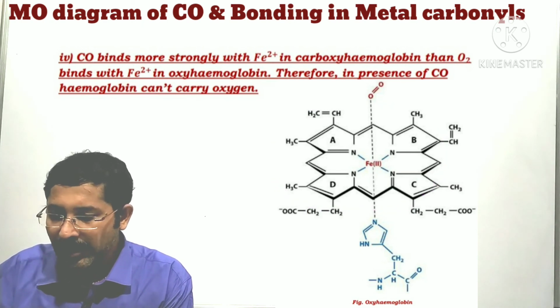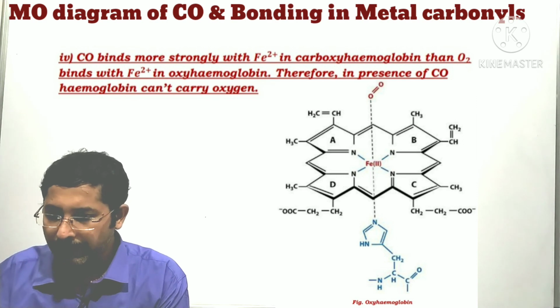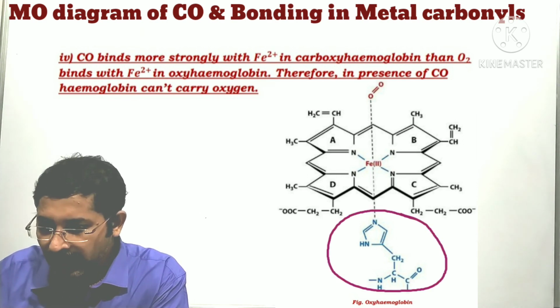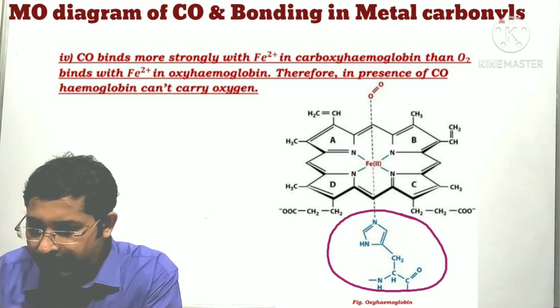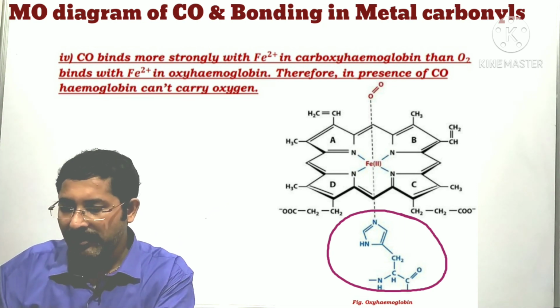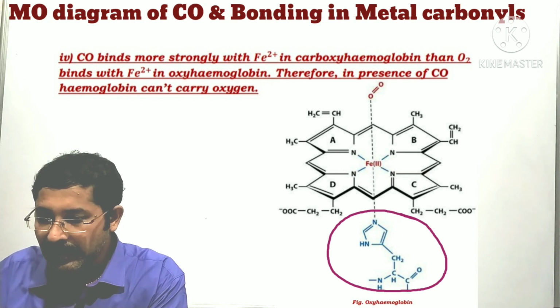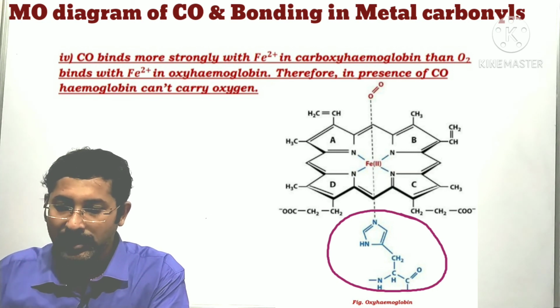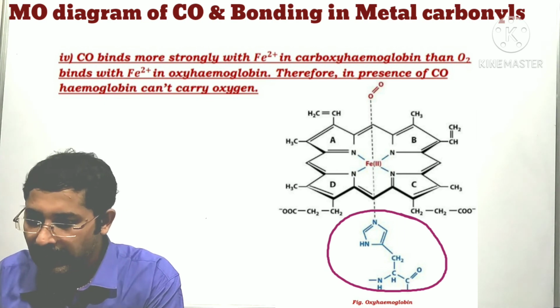And when oxygen binds with this iron 2+, there is your histidine molecule. This histidine, that is an amino acid, donates the electron pair to iron when iron binds to oxygen.